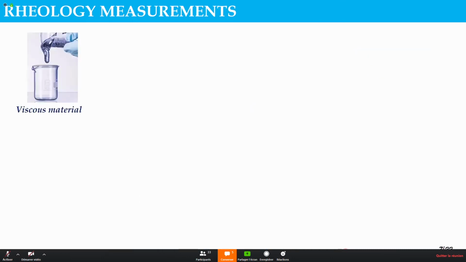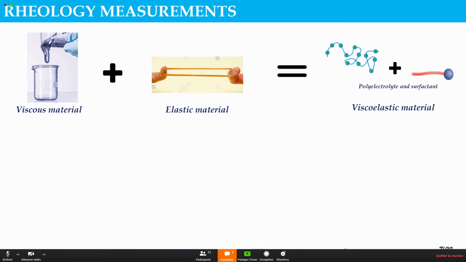So at this time, I already introduced the concept of viscosity. But what is viscosity? Basically, when we talk about a viscous material, it's just a material which has a resistance to flow. But we can also have an elastic material, because there is viscosity and elasticity. And if we combine viscosity and elasticity in the same material, then we can have a viscoelastic material.